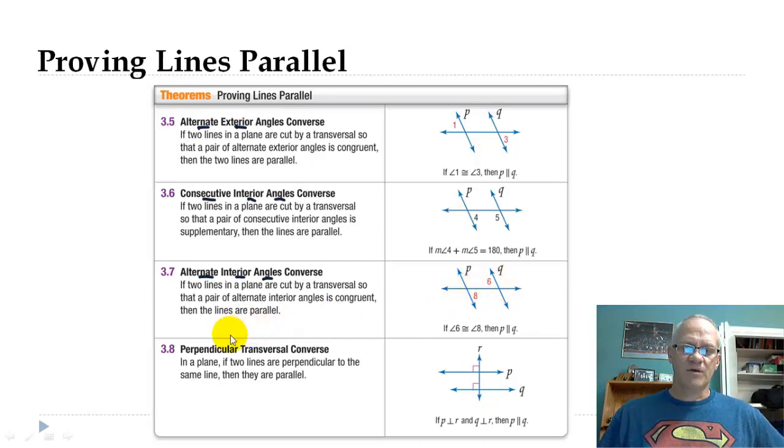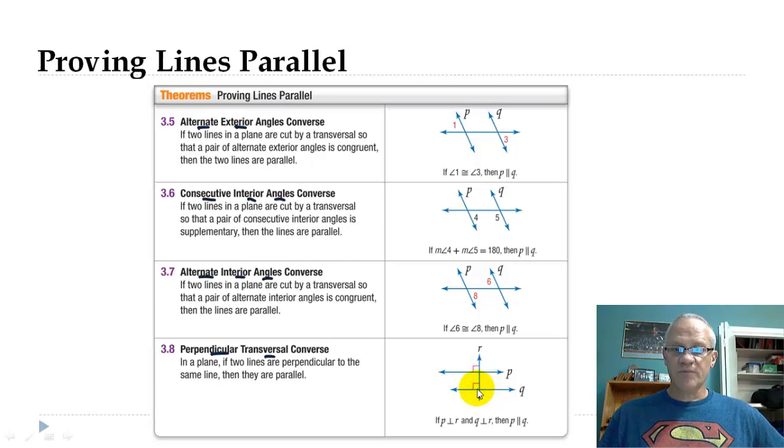And then, of course, we hadn't really talked much about this, but when you think about it, it kind of makes sense. The perpendicular transversal converse just says if you have two lines and they're both perpendicular to the same line, like P is perpendicular to R and Q is perpendicular to R, well, then they have to be parallel. And you think, well, that makes sense because the way it's drawn here, those would be corresponding angles. They're both 90. Oh, but wouldn't all of these be 90?